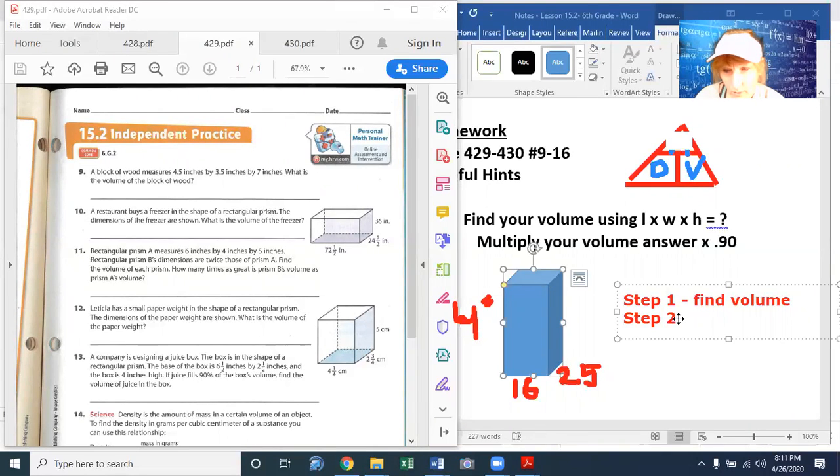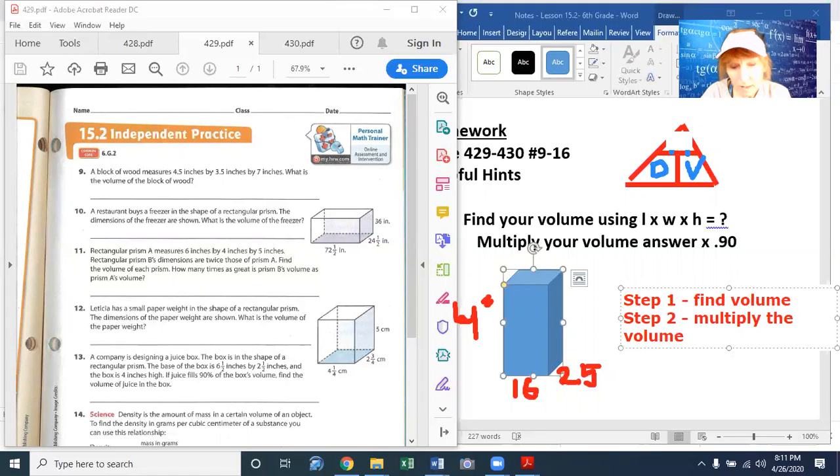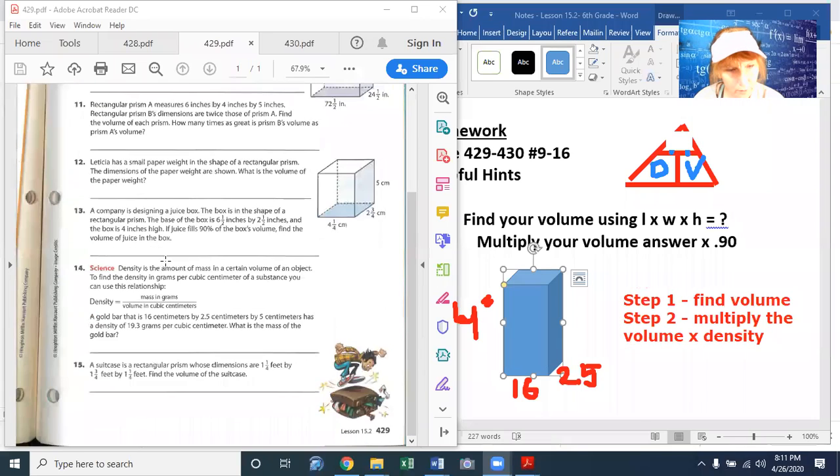So step 2 then is to multiply the volume that I found in step 1 times the density, which I believe is given in the problem. Yes, they tell you the density is 19.3. So that's how you'll solve that. I can scroll this up a little now.